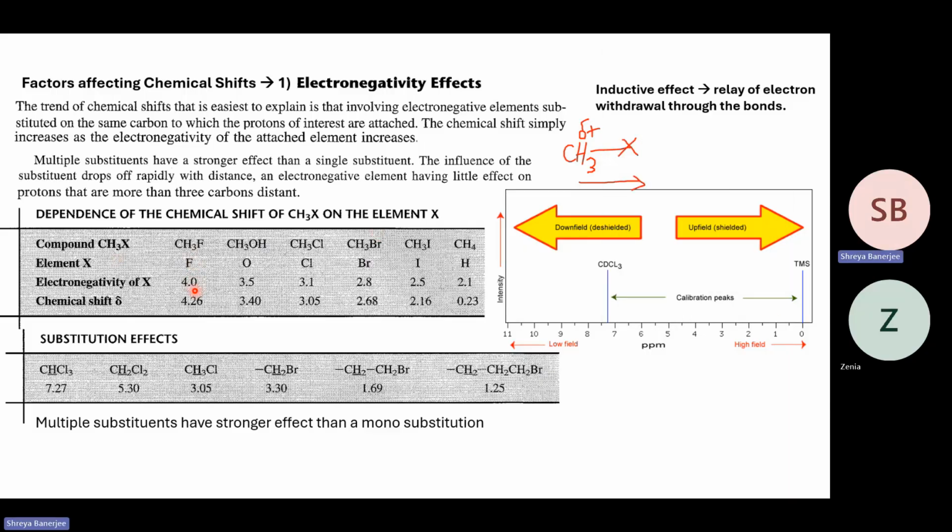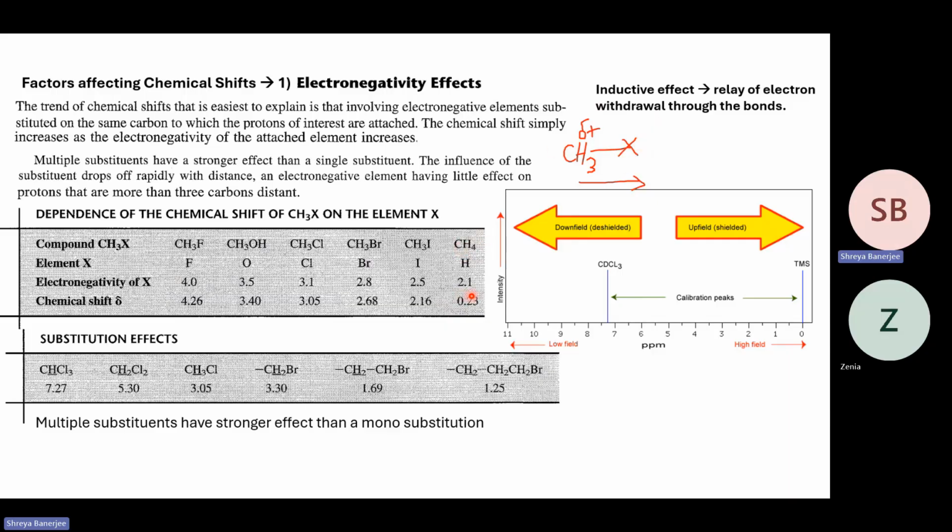So fluorine has the highest electronegativity of 4, and it decreases towards this side. So with highest electronegativity, the positive charge on hydrogen is highest, and so this chemical shift will be highest. You can see in CH3F, chemical shift is 4.26, and slowly as electronegativity decreases, the chemical shift also decreases, till when it is CH4, that is least electronegativity difference between hydrogen and X. So X is technically another hydrogen here.